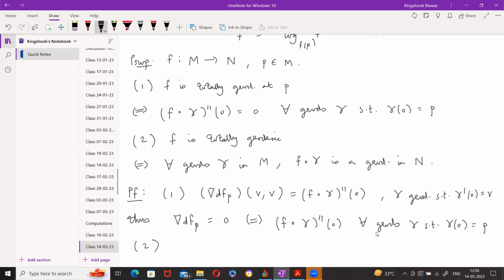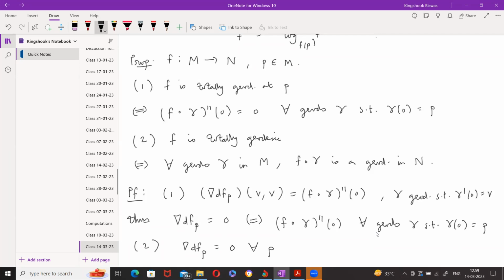So nabla dF_P equal to 0 for all P, right?